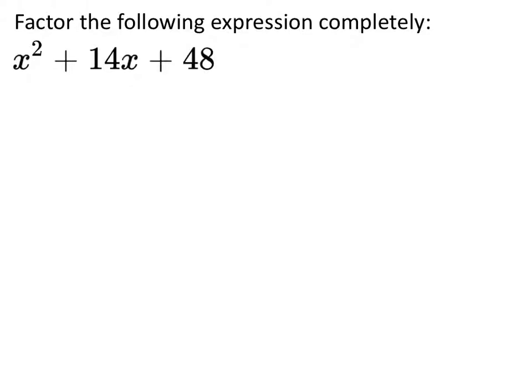So on this one, we can look for a greatest common factor. However, the coefficient of that x squared is 1, so I know it can't be a number. And not all three terms have an x, so an x is not a greatest common factor either. So there's no common factors for these three terms, which means I can't factor anything out between the three.